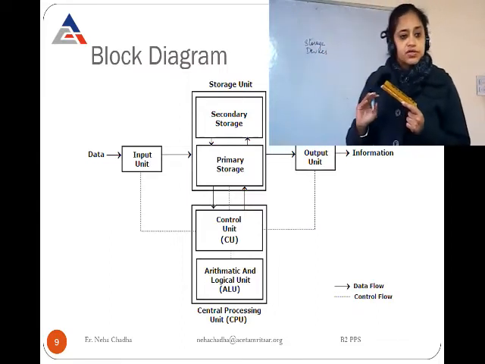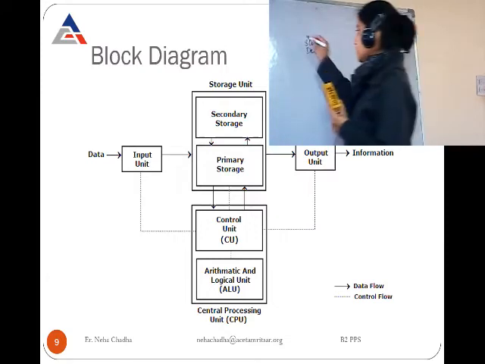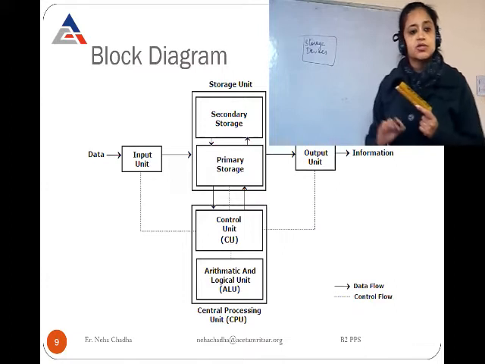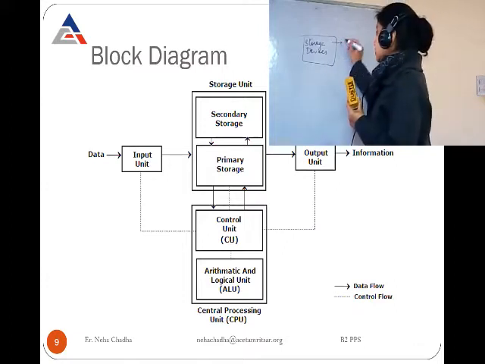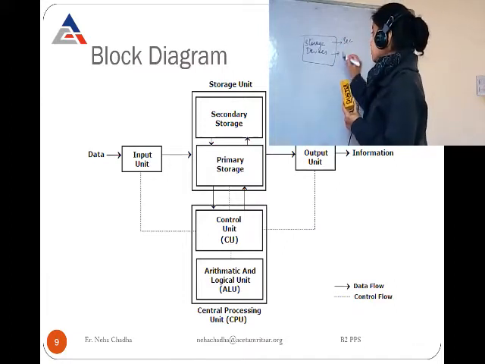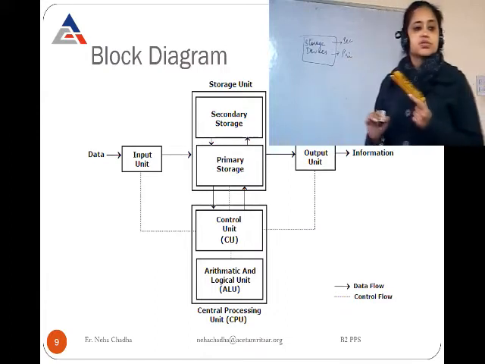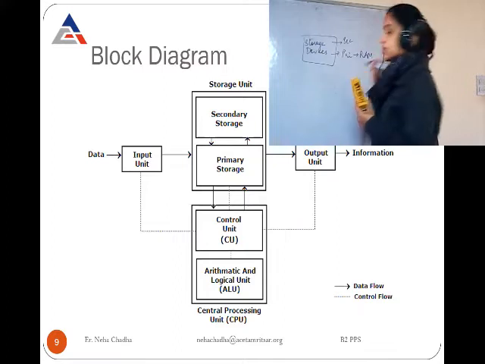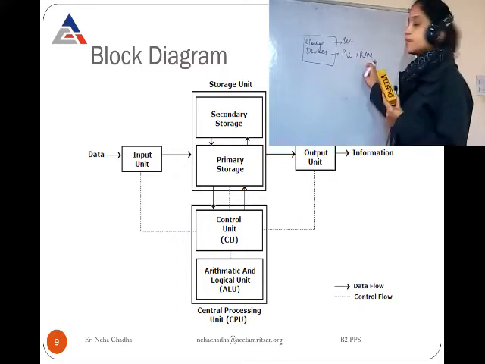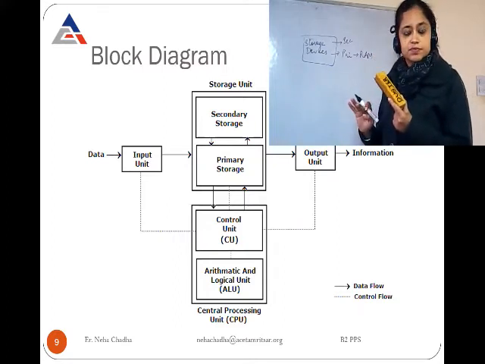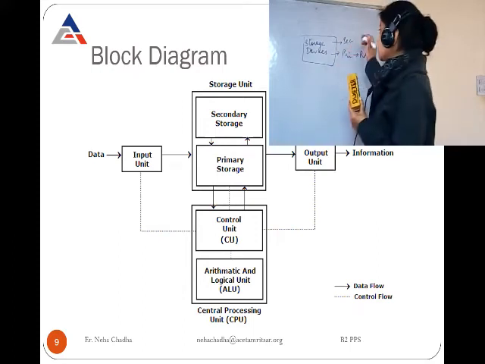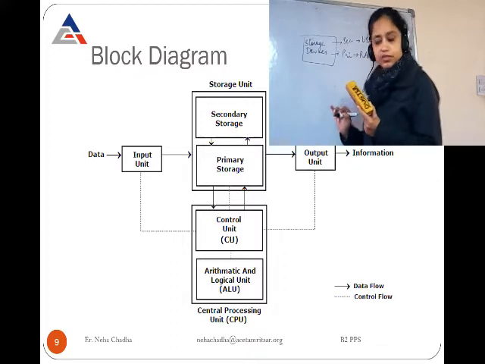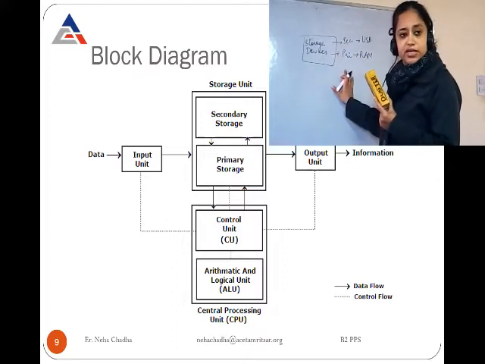It means you have given your input to the computer, it goes to the storage devices where your value is stored either in the secondary storage devices or in the primary storage devices. If I consider the primary storage device, I am taking here the example of RAM. That is a primary storage device. If I say secondary storage device, I say USB is there, your pen drive is there, where your input will be stored.